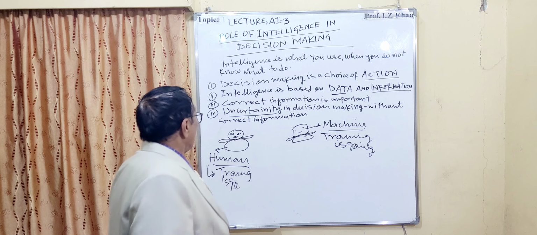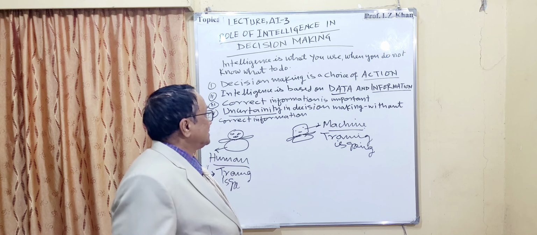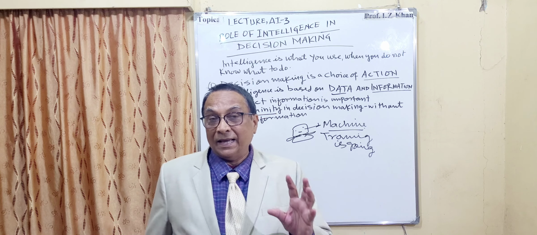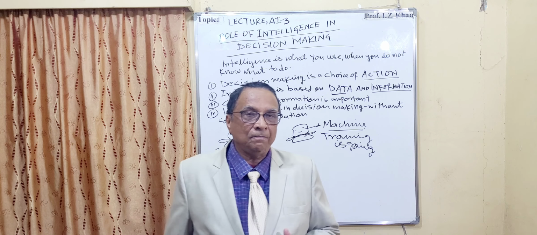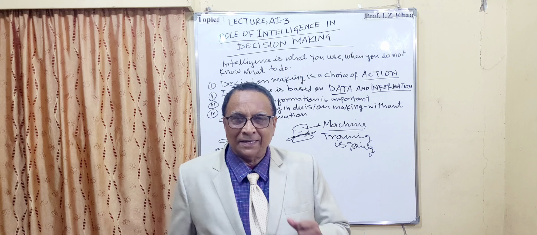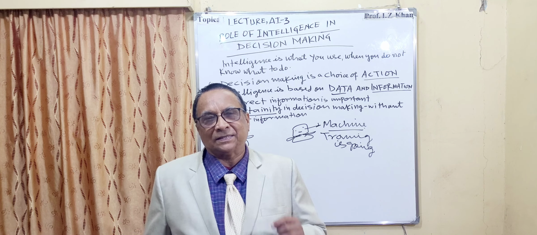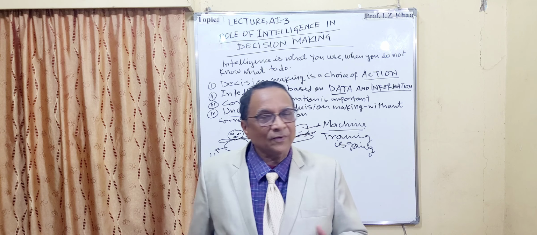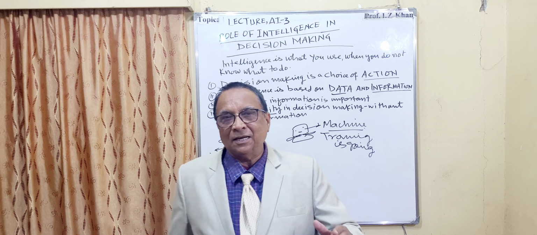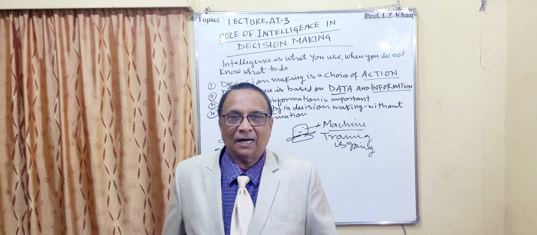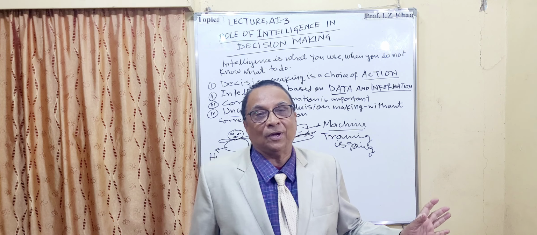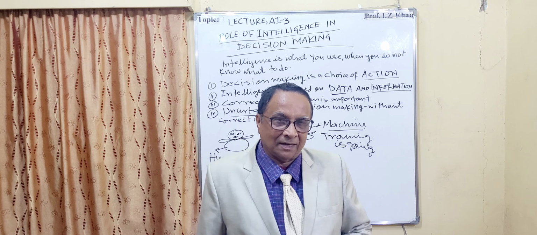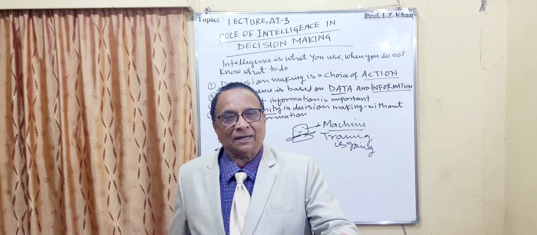Also, number two, intelligence is based on data and information. In the case of data, if I say data, many of us will take it very lightly, but at least at the secondary level, you can give its application and use in a very simple way. Otherwise, there will be supervised and unsupervised data, then purification of the data.